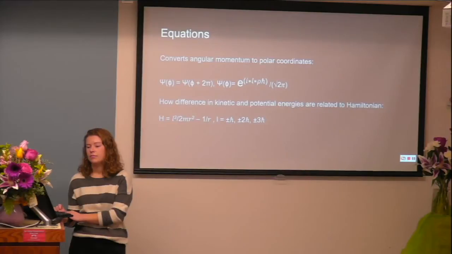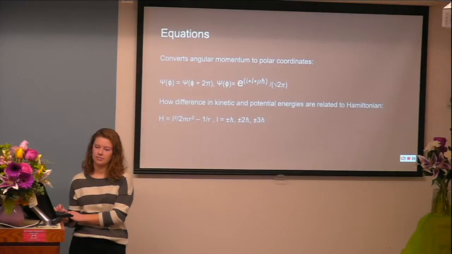Would you get different energies for different values of your quantized L? And how is it changing? If L grows, the Hamiltonian grows. Energy grows. And because L is quantized, what happens with energy?